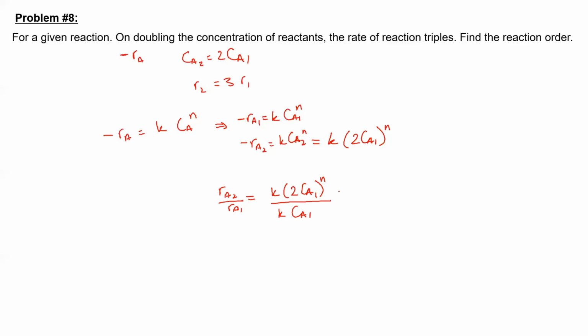So what am I looking for really? I'm looking for the reaction order. So I want to find this guy, n, right here. And I know this is equal to 3, right? So the algebraic problem then becomes, these K's cancel out. Sorry, this is to the n here. This cancels with this.